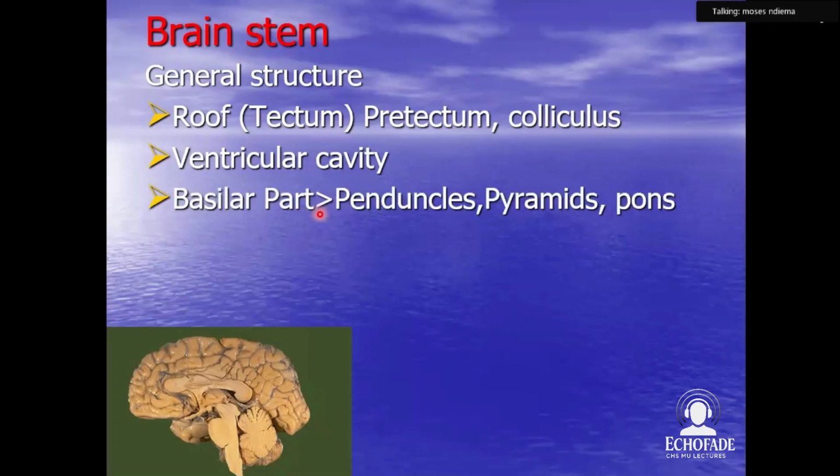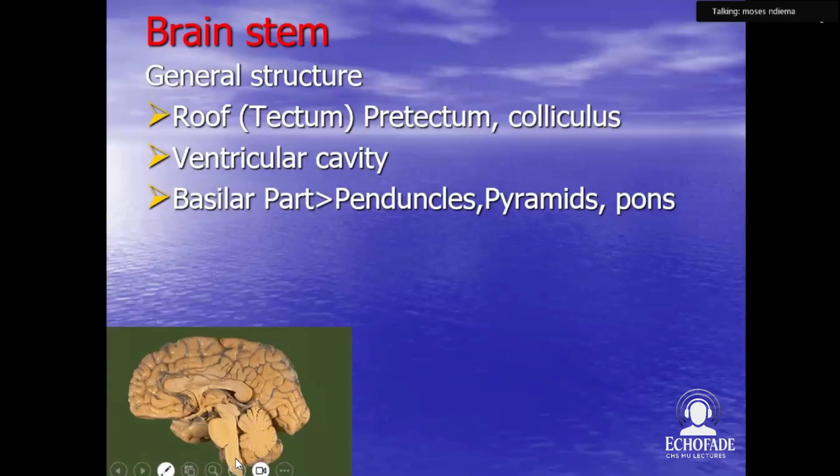Then the basal part, below that, we have peduncles. Peduncles in the case of the medulla oblongata, peduncles in the case of the pons, and also peduncles in the case of the midbrain. Like I've said, this consists of axons taking the information to the various parts of the brain.